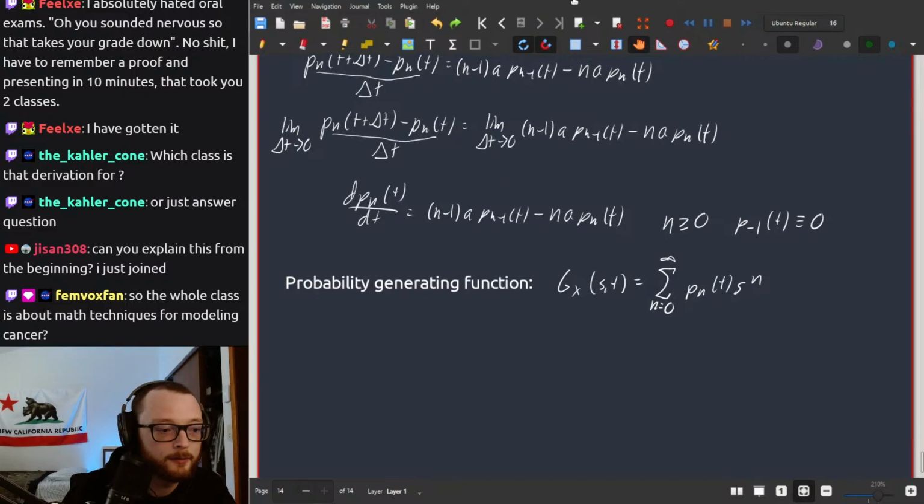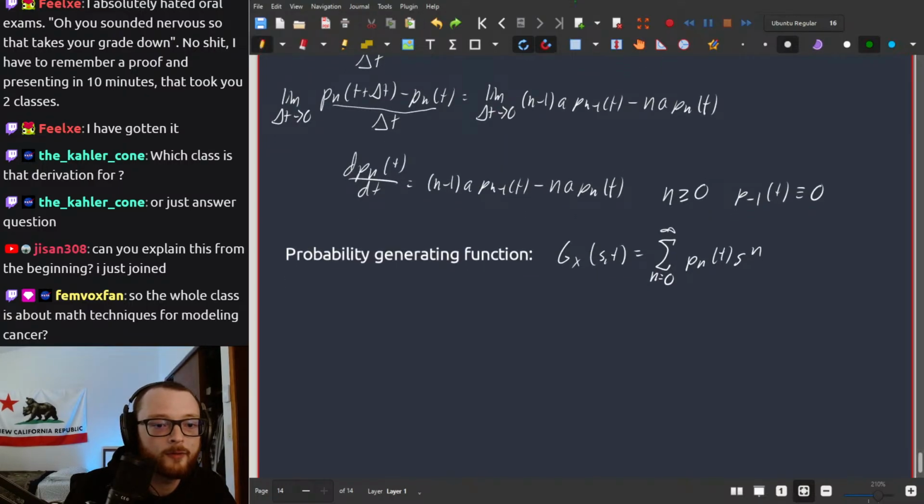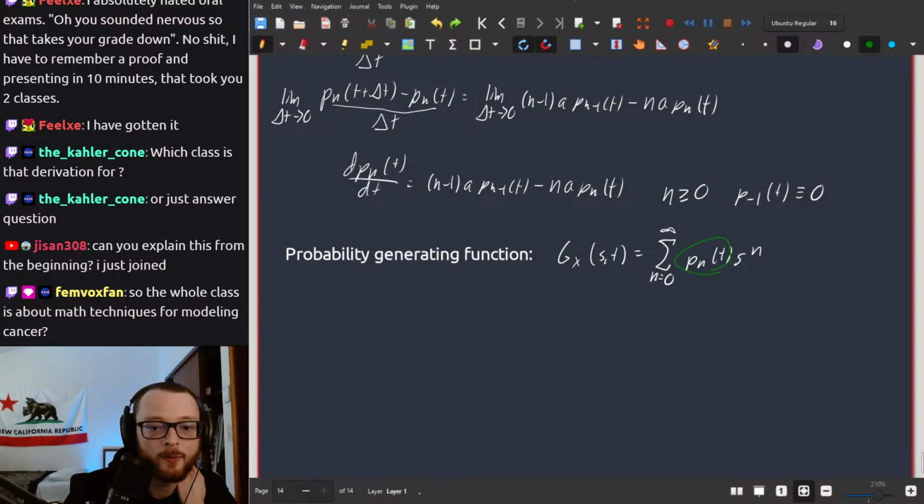And so that's the differential equation that I got here, and we're about to solve it using generating functions. The reason this generating function is helpful is that you can always recover the thing we want, this p sub n of t.